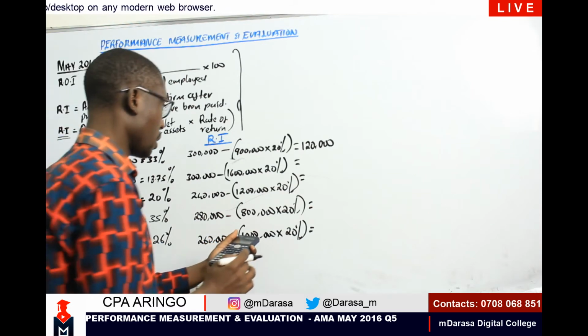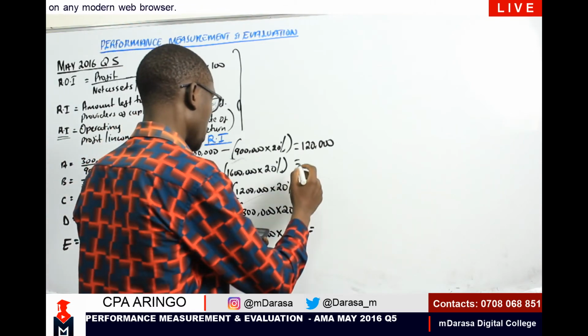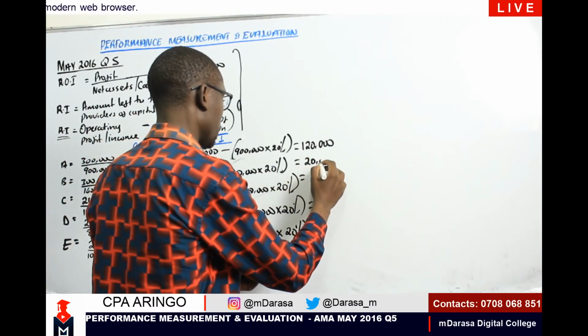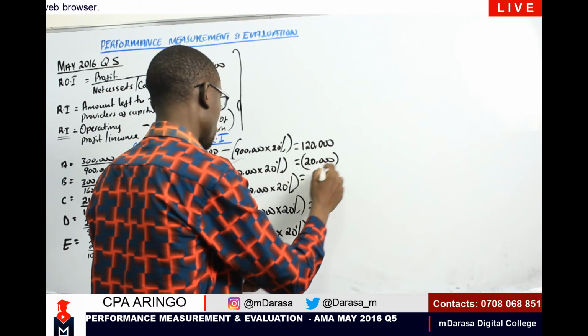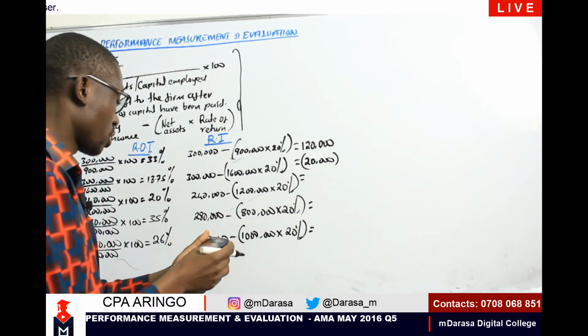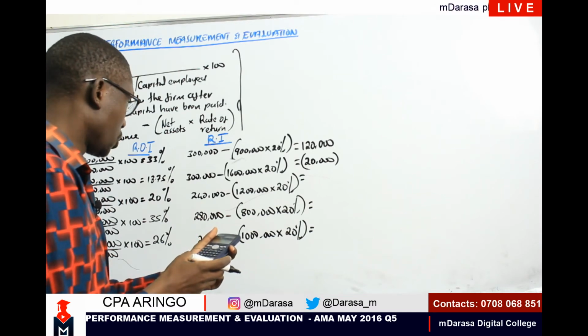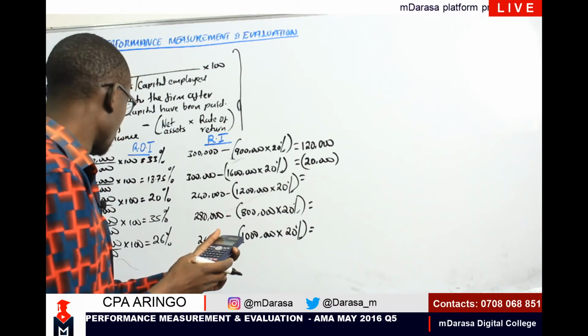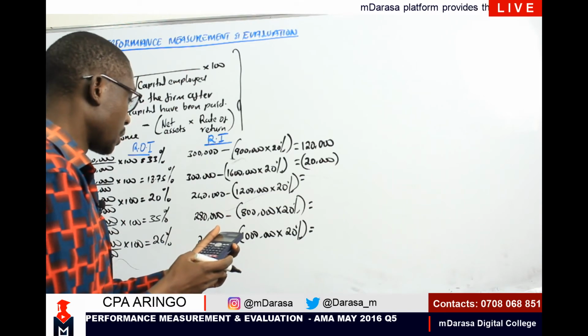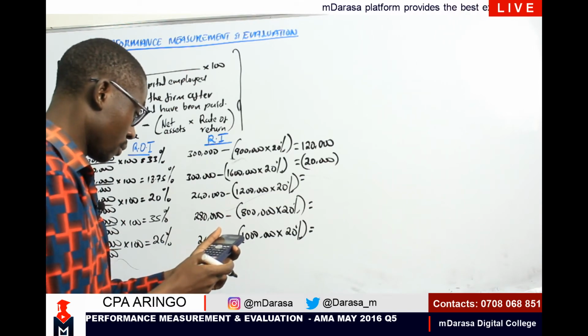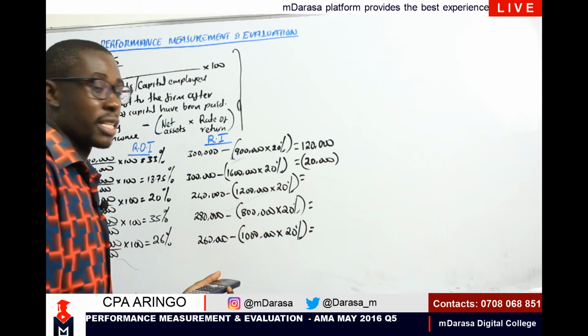That should give me a loss of 20,000. I'm getting a loss of 20,000 if we've done it correctly, right?